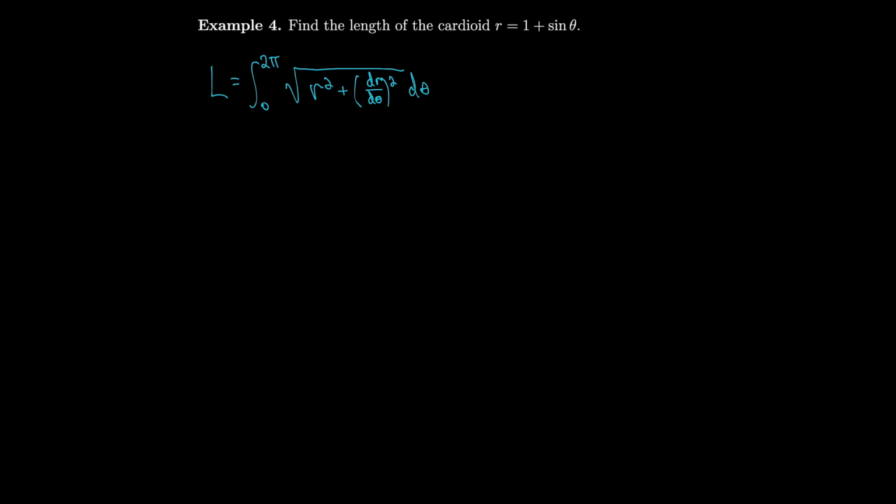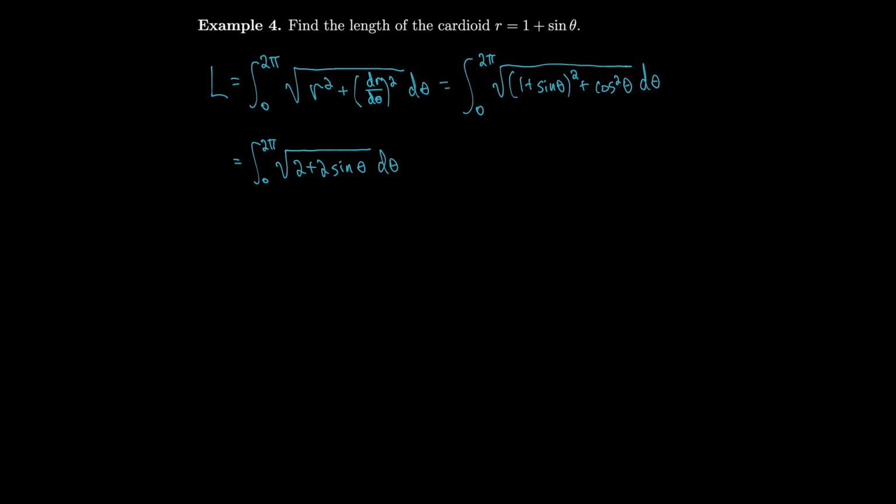And that's going to be equal to the integral from 0 to 2 pi of the square root of (1 plus sine theta) squared plus our derivative of 1 plus sine theta, which is just cosine, so cosine squared. So that's equal to the integral from 0 to 2 pi of the square root of 2 plus 2 sine theta.